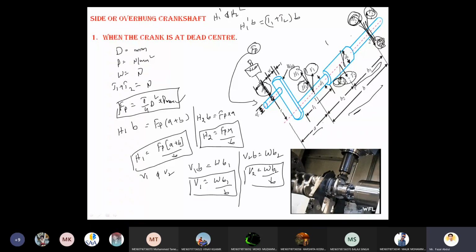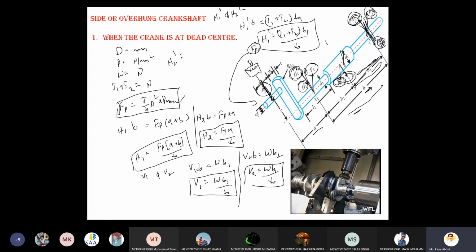Taking moment about this point, H1 dash into B equals T1 plus T2 into B1. So H1 dash equals T1 plus T2 into B1 by B. Now H2 dash we can easily write: T1 plus T2 into B2 by B.